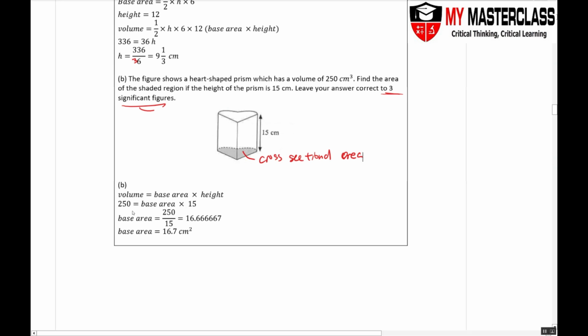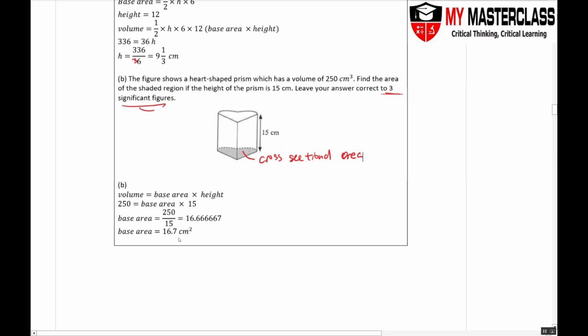Okay, so just divide the 15 over, you get 250 over 15. Okay, and then you get 16.6667. Okay, and then because they want your answer in 3SF, put it in terms of 3SF, you get this value of the base area itself.